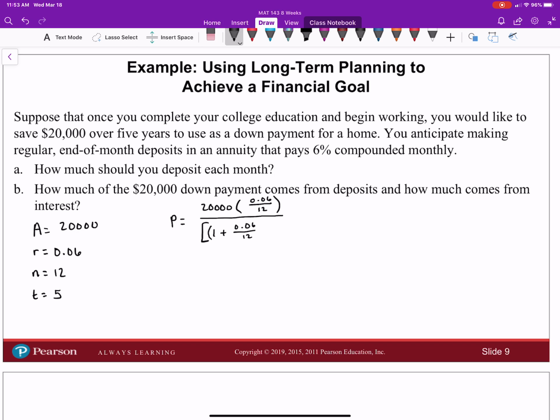And don't forget your parentheses right here. Raised to the 12 times 5, which is 60. Then we have minus 1, and then we close our bracket. When we plug everything in, we should get P is roughly $287.